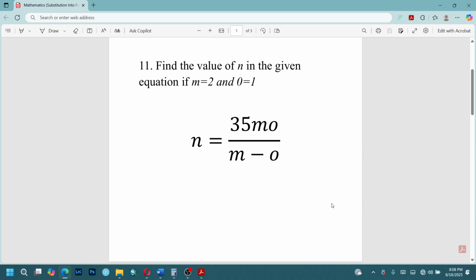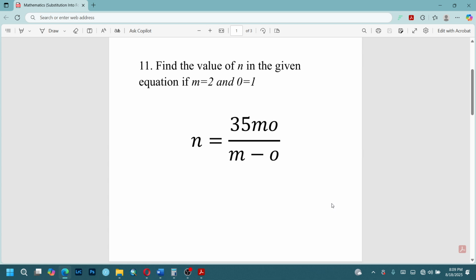and o equals 1, right? So our given equation is n equals the fraction 35 m o over m minus o, right?